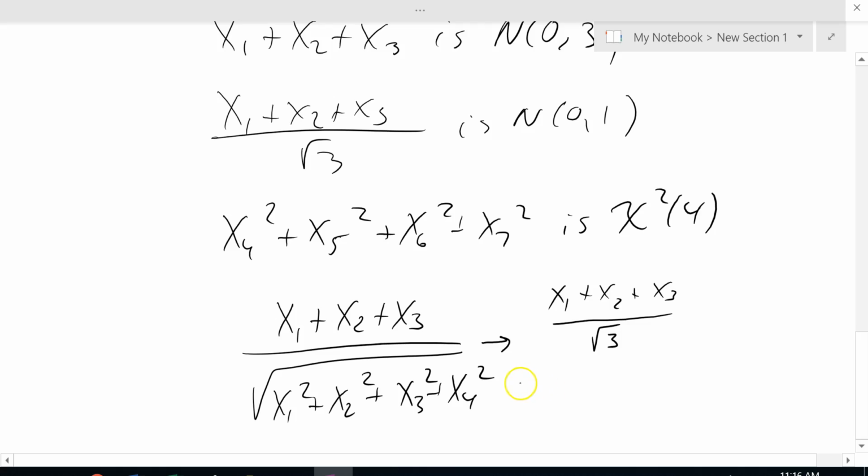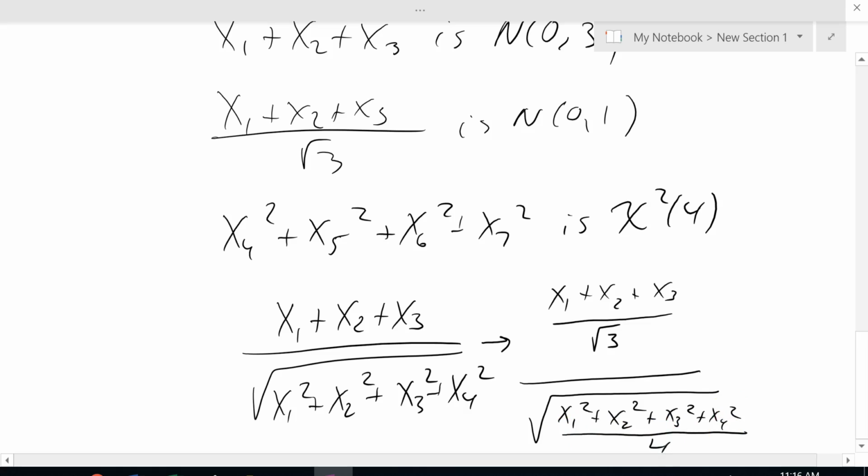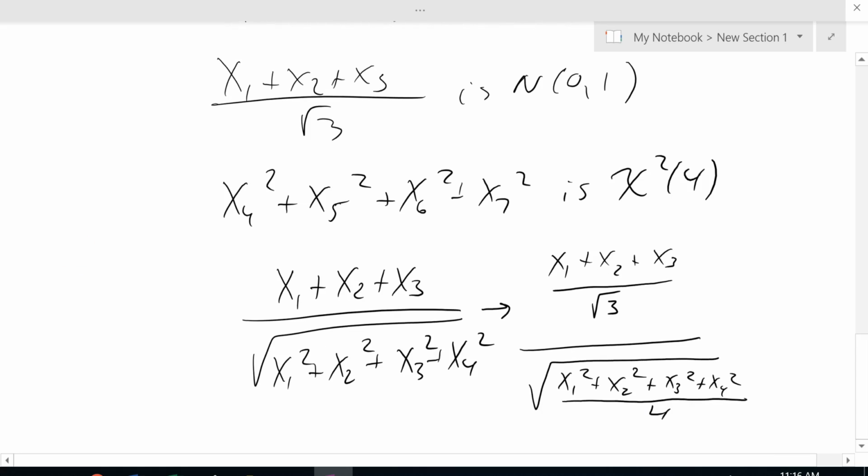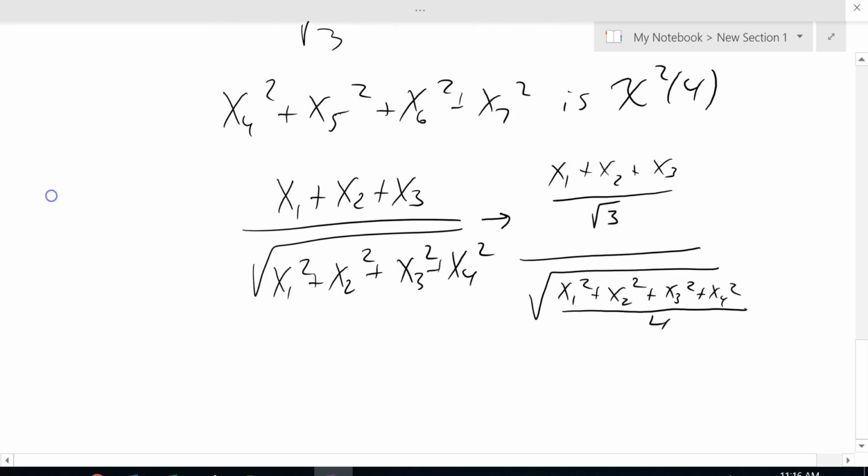I'm also going to need to put in a square root of 4 on bottom, right? I agree with that? To make it work. So if we pull out the constant so that I have c times t, this is what, 2 over root 3t?